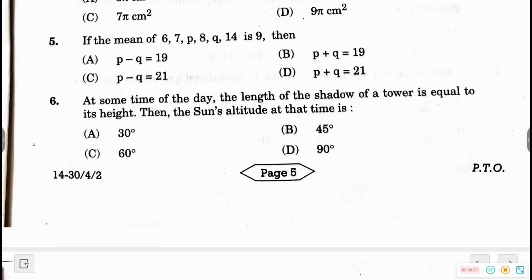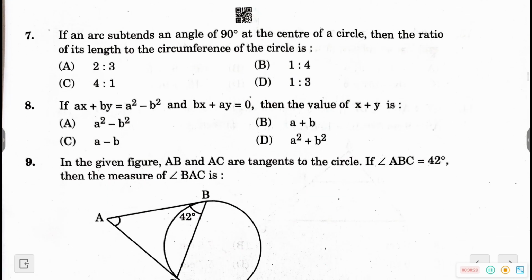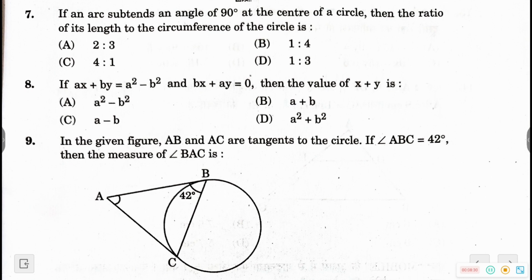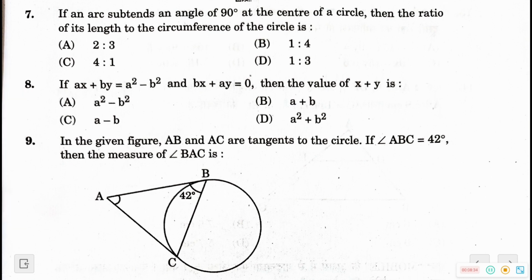Now coming to the next question, question number 7. Question number 7 is about the ratio of the length of the arc to the circumference of the circle. Most of these questions are already repeated in set 1 also, but anyway let's discuss here also.